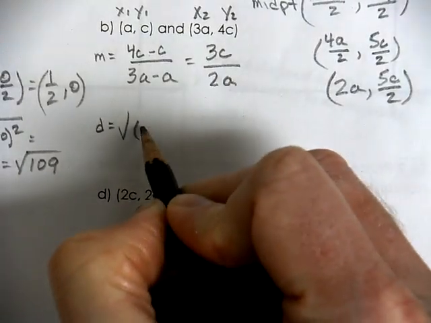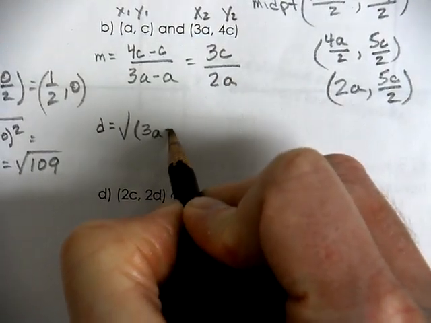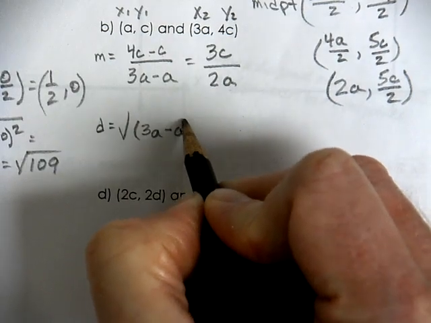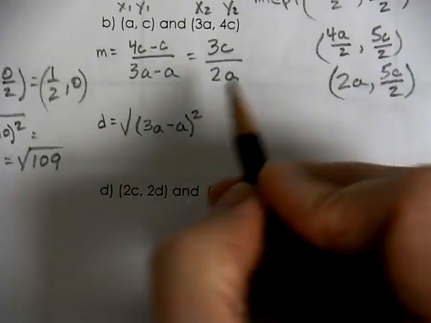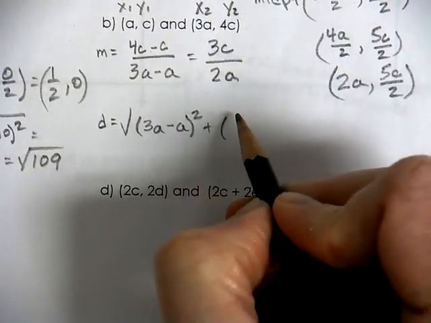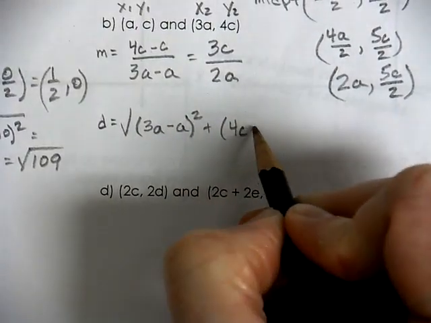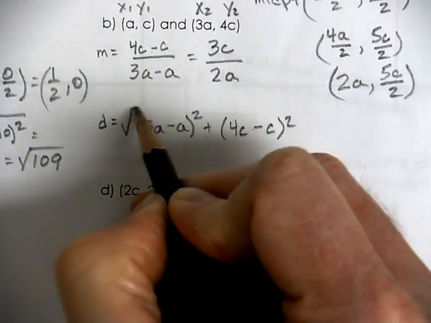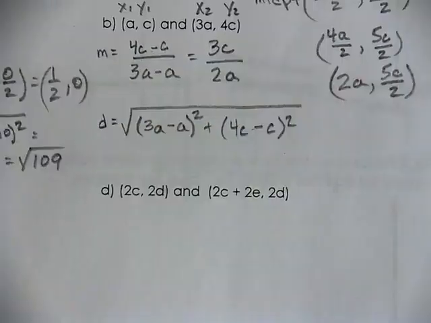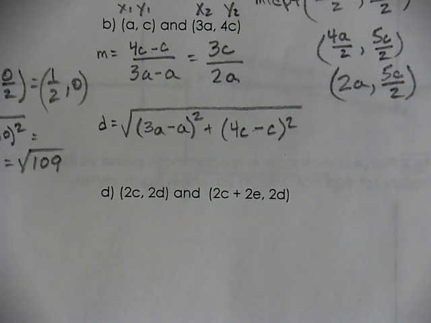I do my x2 minus my x1 and square that, plus y2 minus y1 and square that, then draw the radical bar.